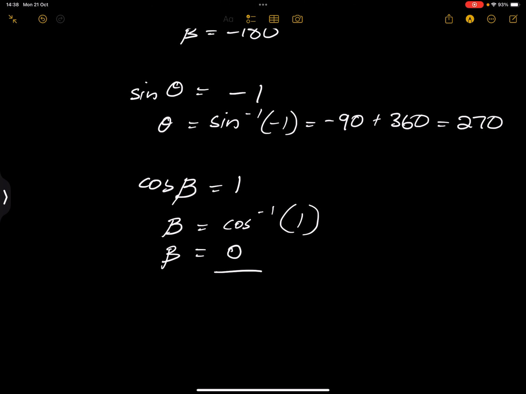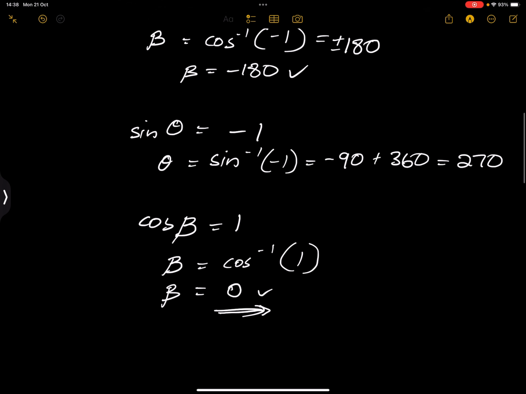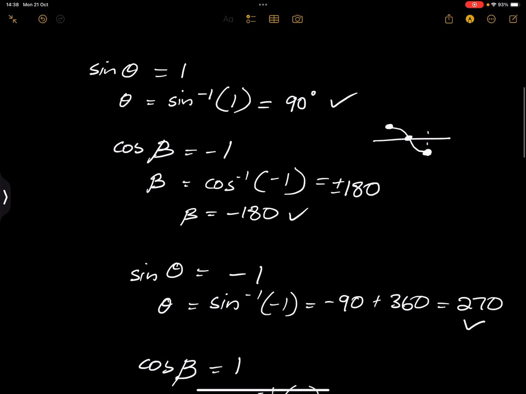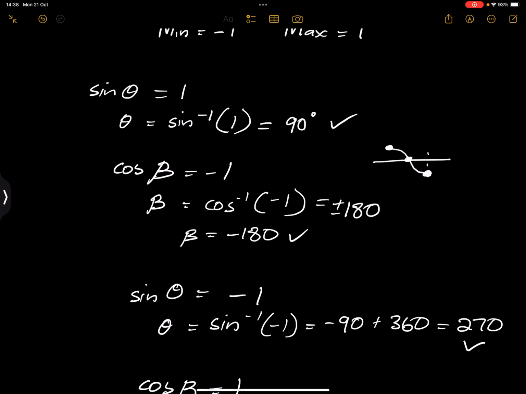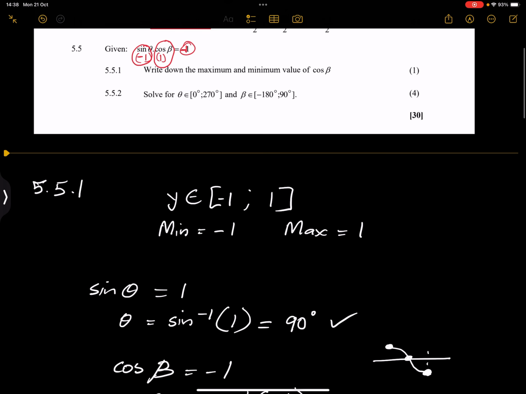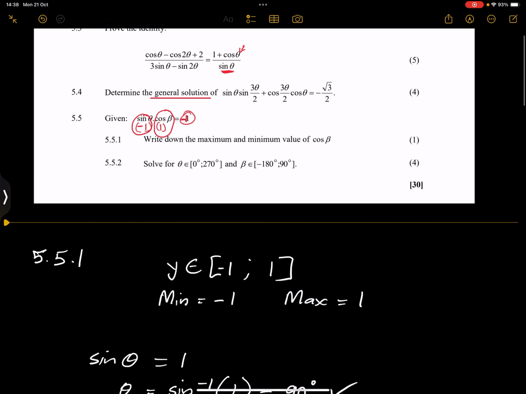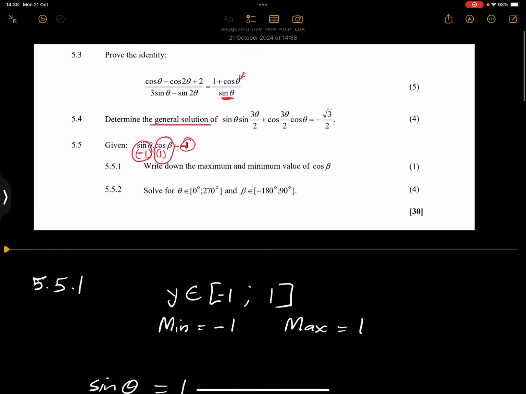So this would definitely be at 0. If we add 360, it gives us 360. If we subtract 360, it gives us negative 360. So beta must be equal to 0 or negative 180, and theta must be equal to 270 as well as 90 degrees. And ladies and gents, that's how we come to the end of this section. We're going to go to the next question.